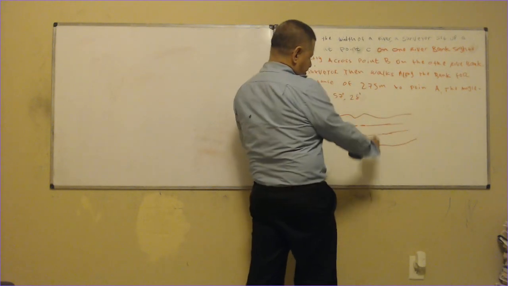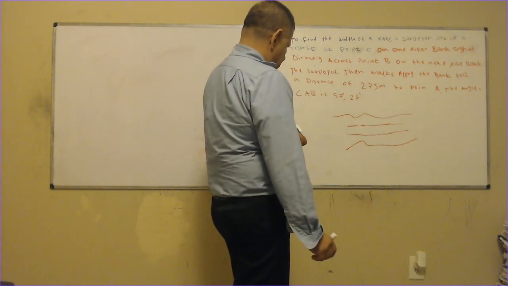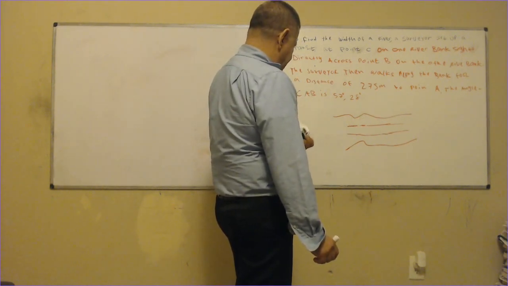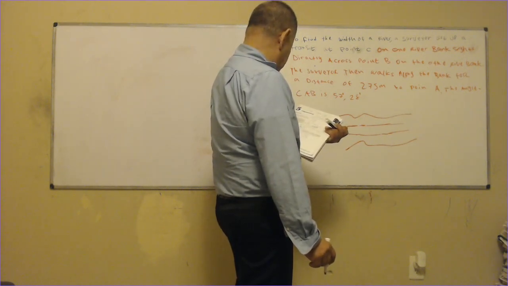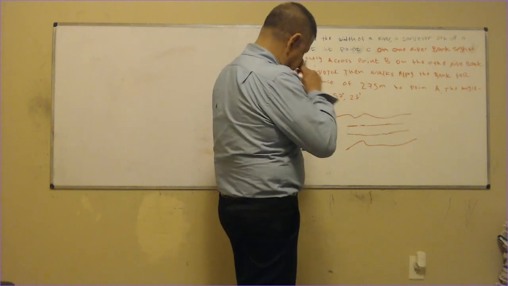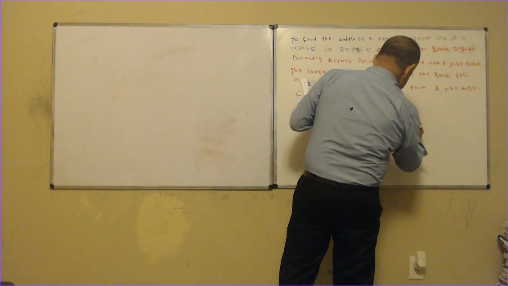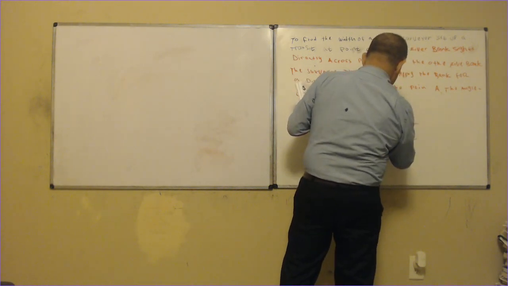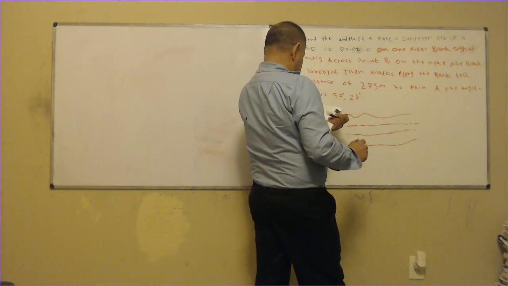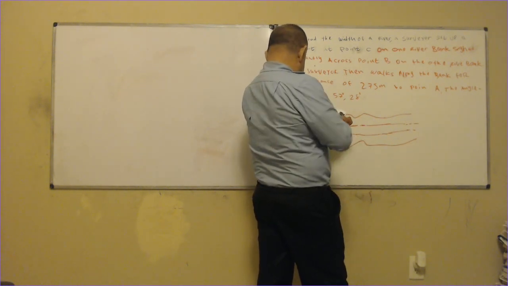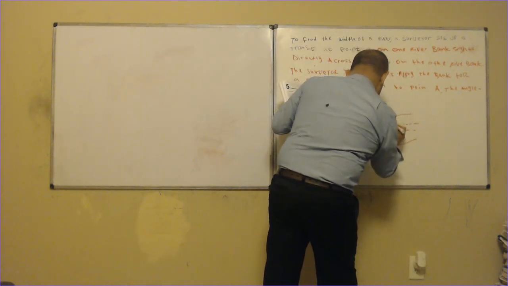You fish for catfish, this is where you cast and use chicken livers. So we have a point B around here, and then we have point C around here.